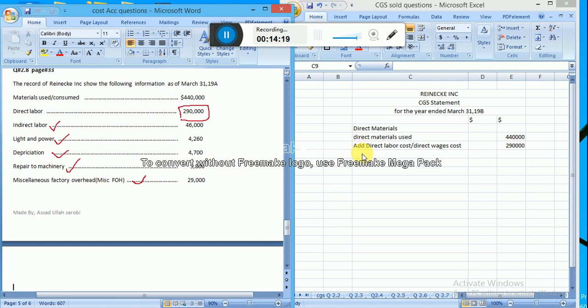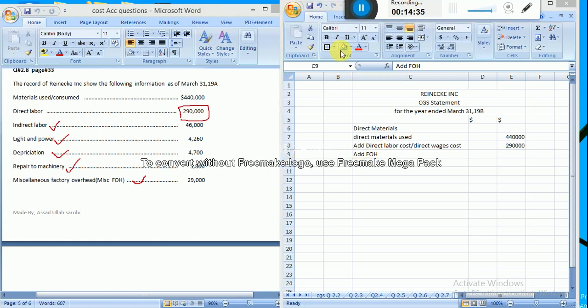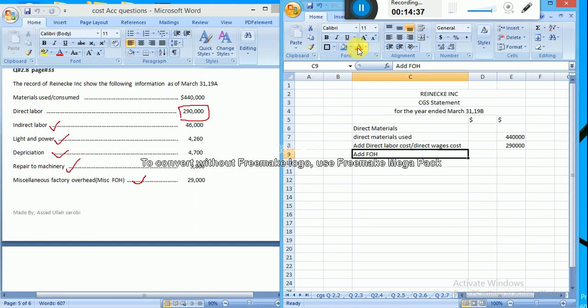Now we will add here factory overhead, FOH. And what is this FOH? I will change the color of this so that you know. Let's suppose FOH. What are those FOH?